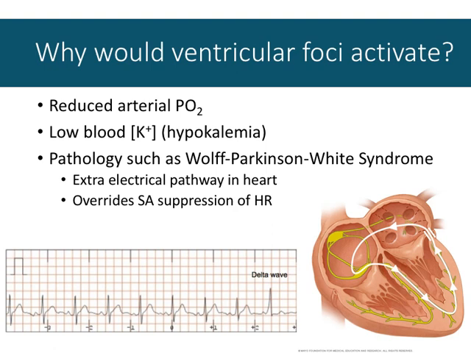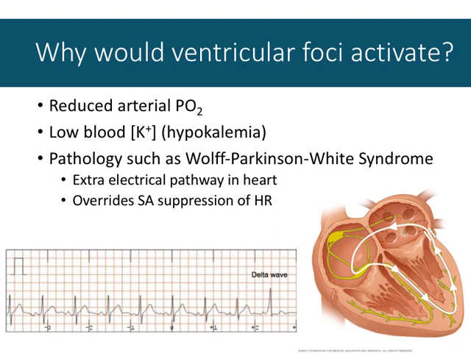It's this delta wave at the bottom right, and the delta wave is simply this slurred, graded upswing of the QRS wave, or the QRS complex. So normally we have a very quick, steep upslope or upstroke of the QRS complex, but this is a much more graded, gradual, elevated, slurred portion of the QRS complex.